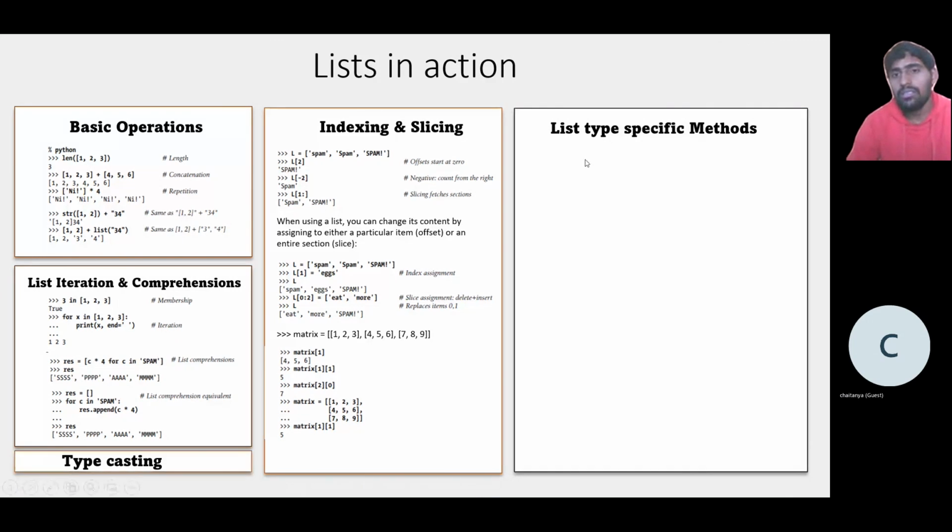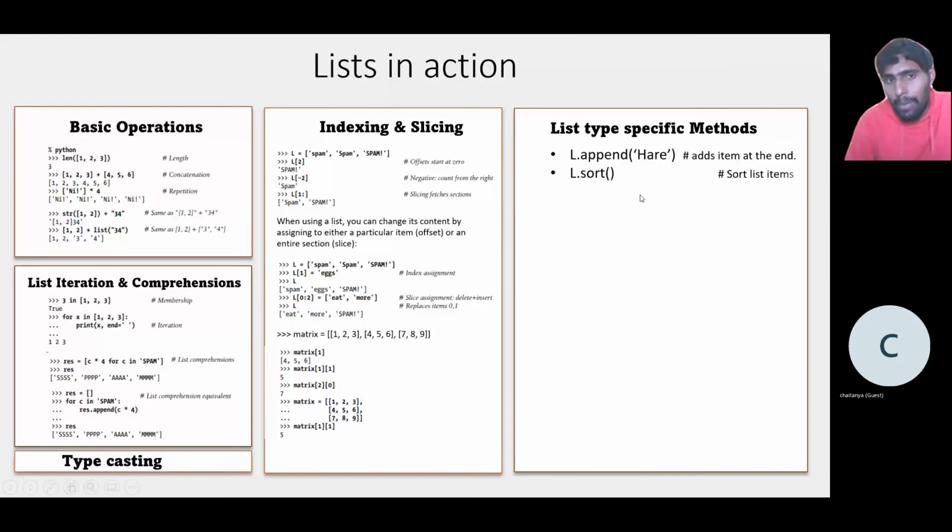So here we have our type specific methods. These methods are applicable to only list. The first one is append, which we know, and the second one is sort.